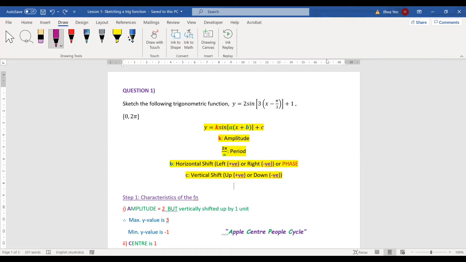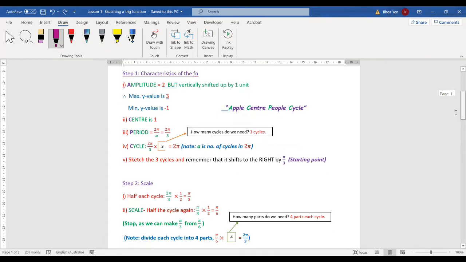Because the period we're looking at is within that 2 pi, be aware of that. I'm going to go down a bit. Yeah, that's better. So first of all, amplitude, and we talked about that. 2 is the amplitude, but because it's shifting up by 1, your amplitude is still 2, but your center is now not the x-axis, not 0, it's going to be 1.